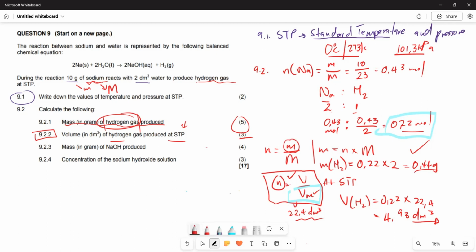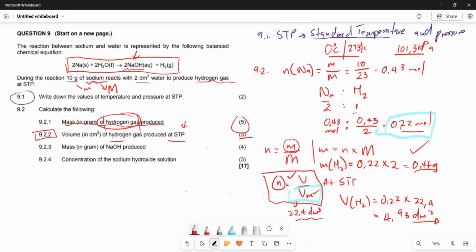We are going back to our balanced reaction and see, do we have anything for your sodium hydroxide? No, we have nothing. But since this is a balanced reaction, we can use it to calculate the mole, because a balanced reaction can at least give you the mole of either your reactant or your product found in that reaction.